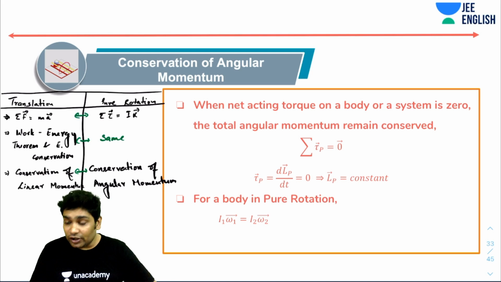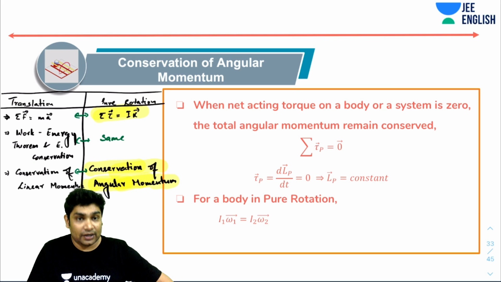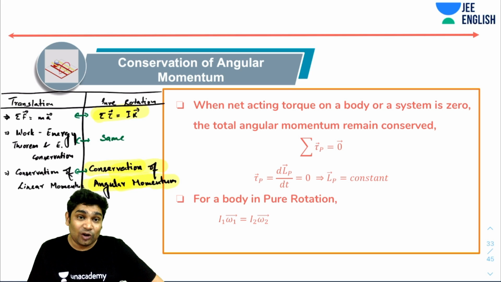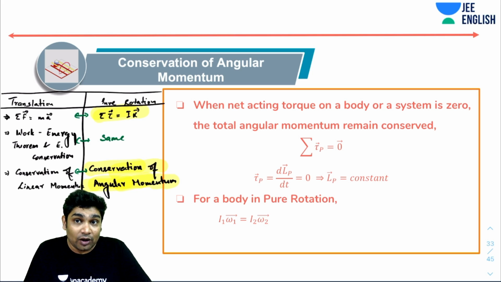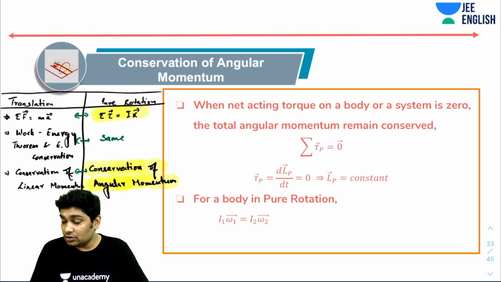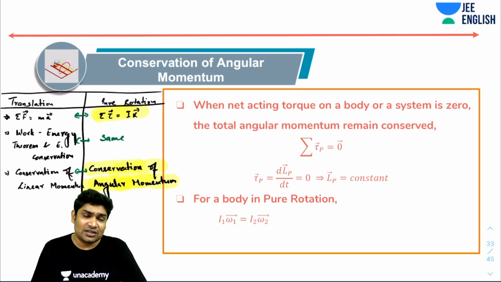Okay, so we have already looked at this. Tau equals I alpha. Now we are looking at conservation of angular momentum, and then we will also talk about the work energy methods. So how about the angular momentum conservation? If the net torque acting on a body or a system is zero, then the total angular momentum remains conserved. This is very, very similar to your linear momentum.